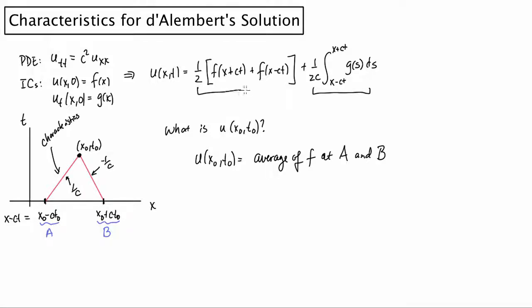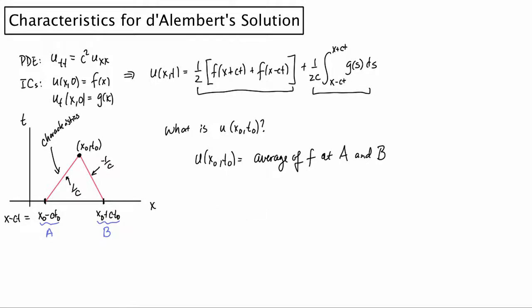So that's just this part. That's all we've talked about so far. It's the average of the function f at the points A and B. Easy enough. Okay. Plus 1 over 2c, this would be the integral from x0 minus ct0 to x0 plus ct0, if we're evaluating at x0, t0.